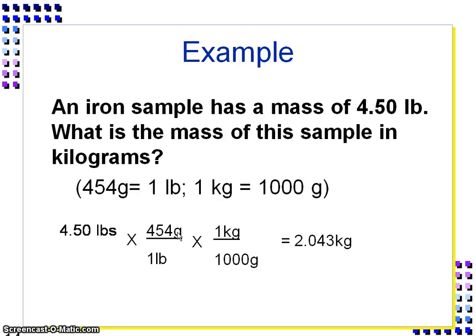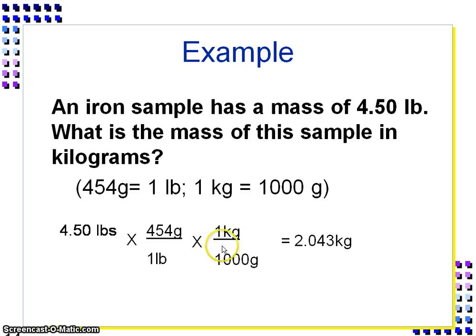Grams would go on top because that's the unit that I'm changing to. 1 pound is 454 grams, so I put those numbers in. The next thing to do, now that I have it in grams, the question's a little hard because the question wants me to give my final answer in kilograms. So if I have grams on top here, I would need to put grams on the bottom in the next step, change it to kilograms.